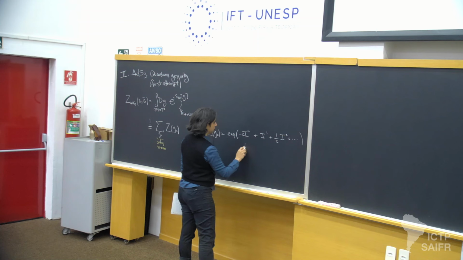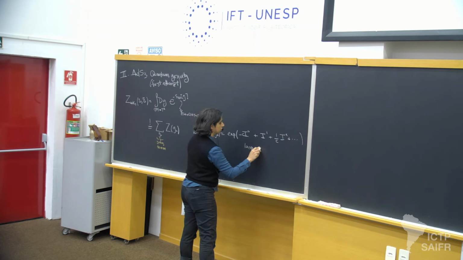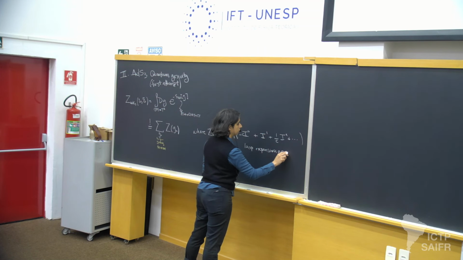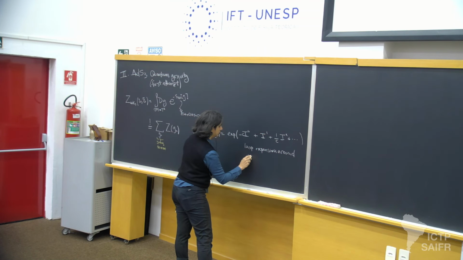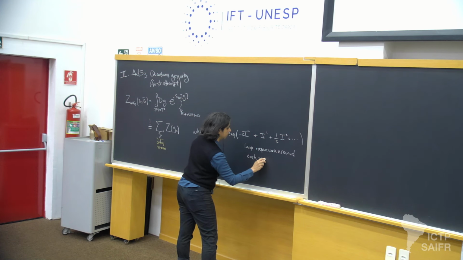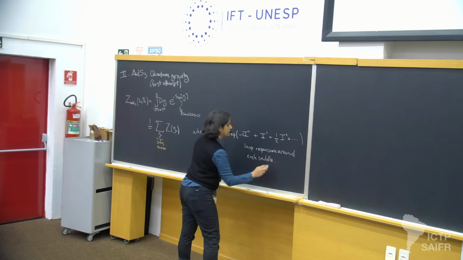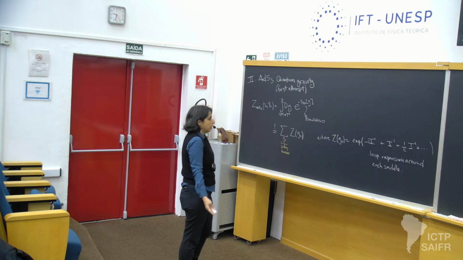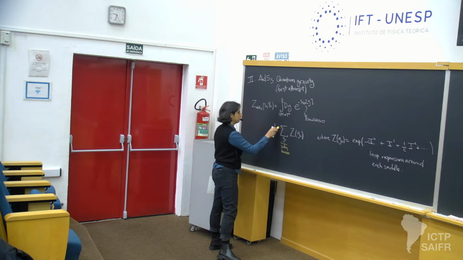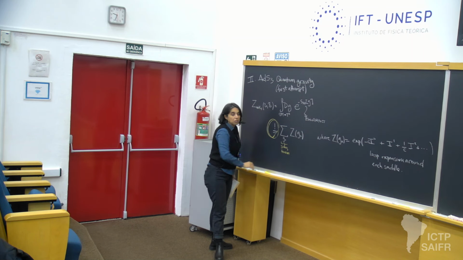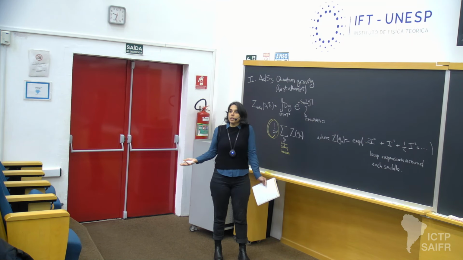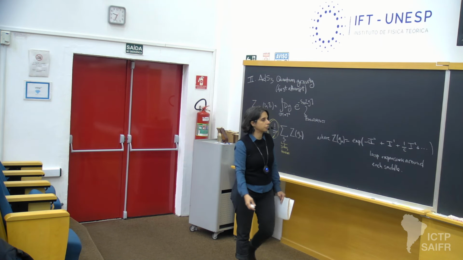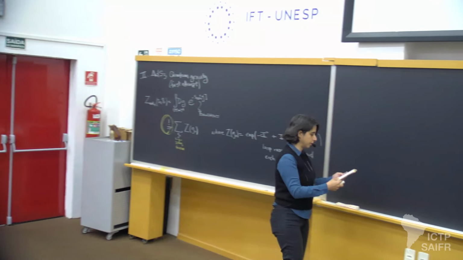But basically, this is the loop expansion around each saddle. So this is what we're going to see: given this big assumption, let's see what that computation gives. We're just explorers at this point. We're just going to be brave, do that computation, and see if it gives something simple.